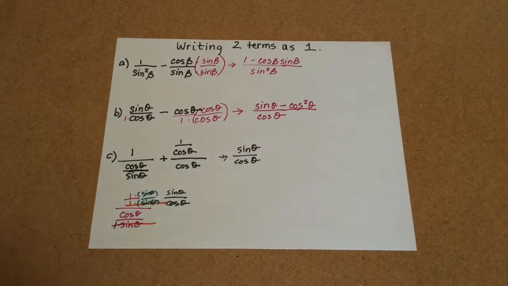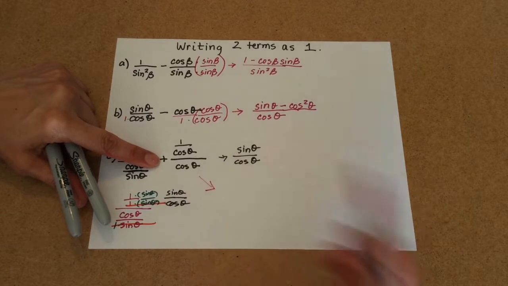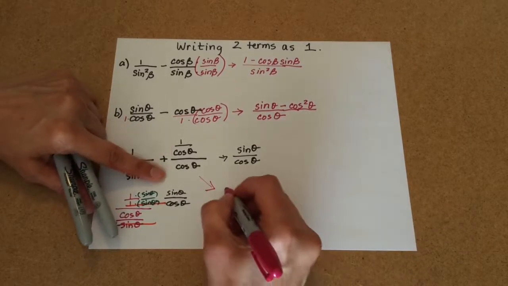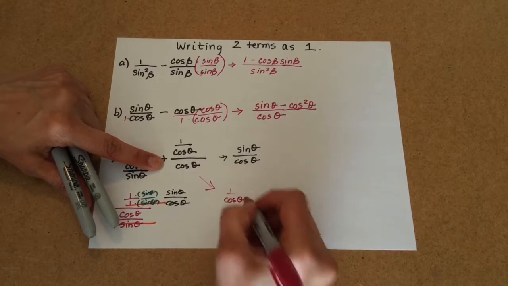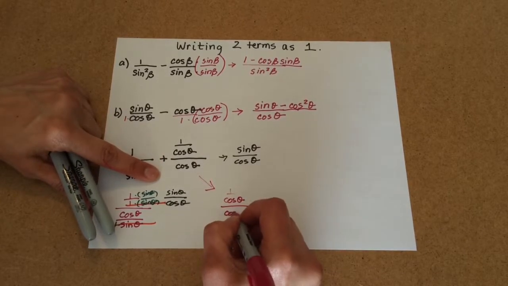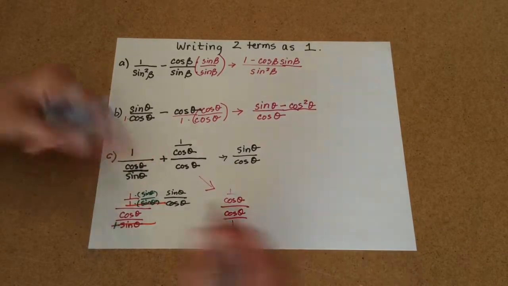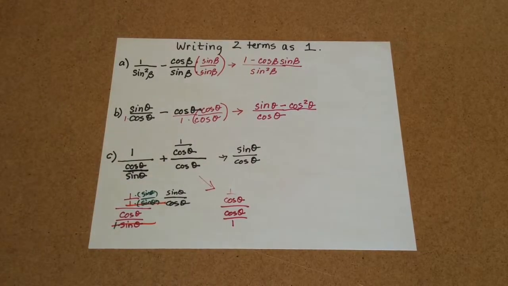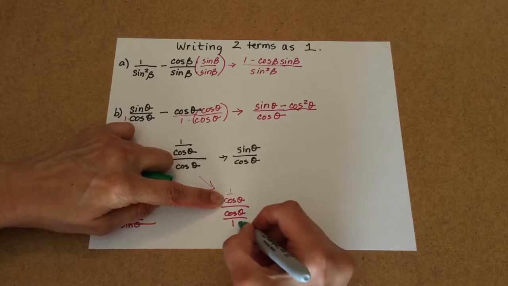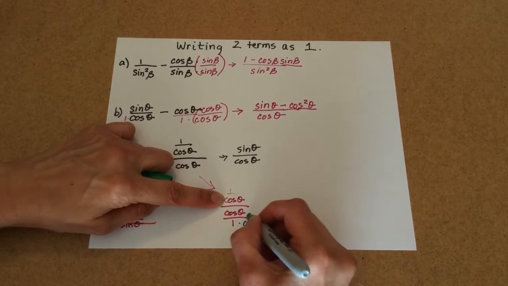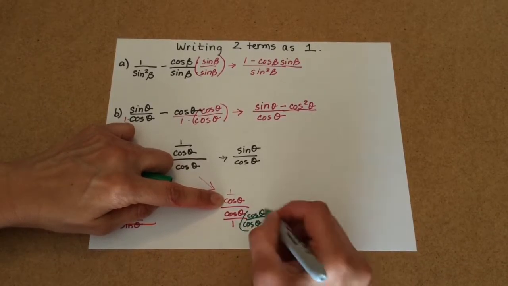Now let's come back and work on this part. So I'm going to write them both as fractions. So 1 over cosine theta over cosine theta over 1. Jealous denominators. This denominator wants what this denominator has, so times cosine theta over cosine theta.